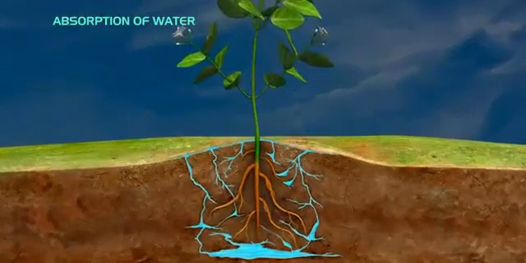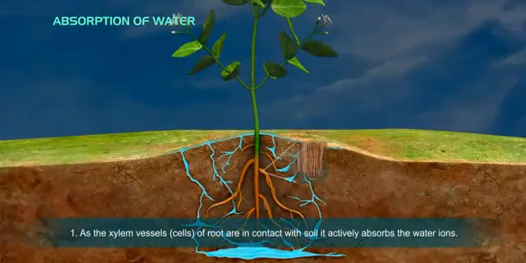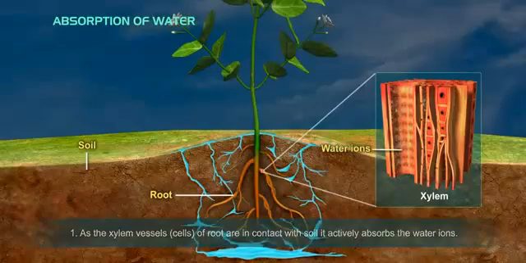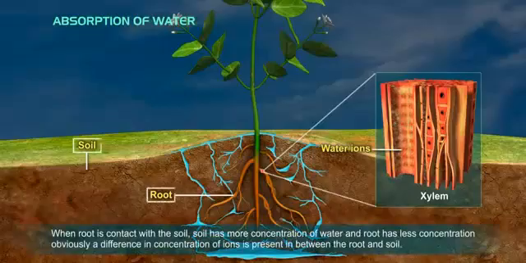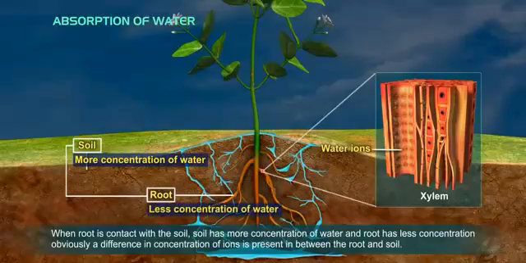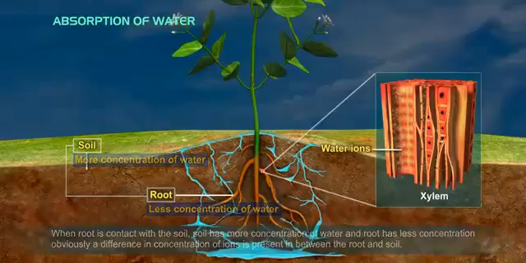Absorption of water. As the xylem vessel cells of the root are in contact with soil, they actively absorb water and ions. When the root is in contact with the soil, soil has more concentration of water and root has less concentration. Obviously, a difference in concentration of ions is present between the root and soil.